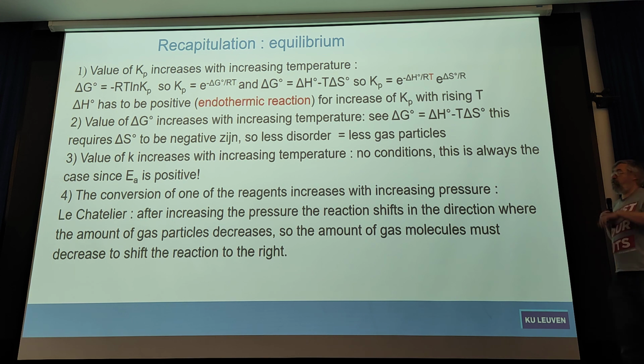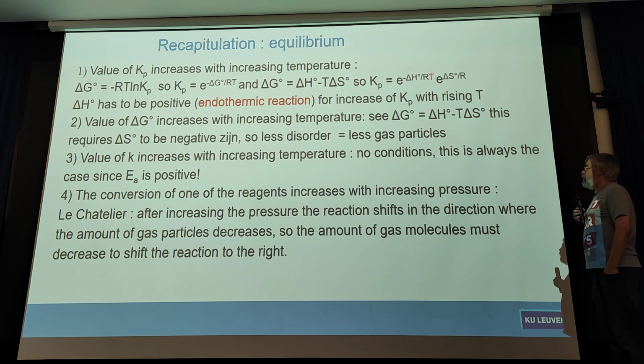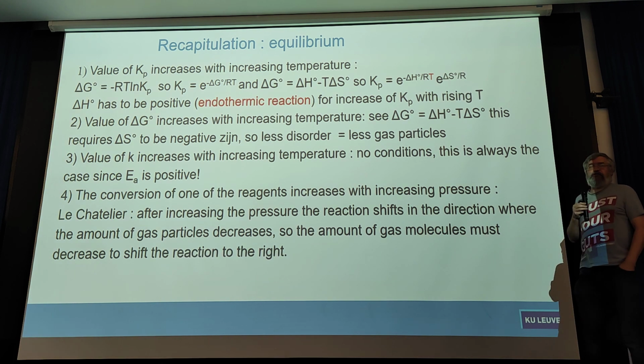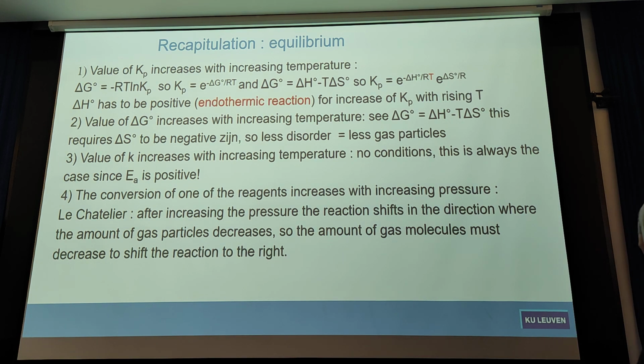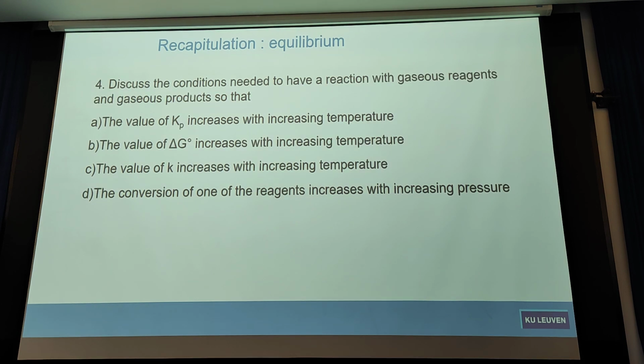Then, for the conversion of one of the reagents to increase with increasing pressure, this is actually another application of the law of Le Chatelier. So, we move in the direction with the least particles. The condition was that we have more reagents being converted, so in other words, we move to the products.